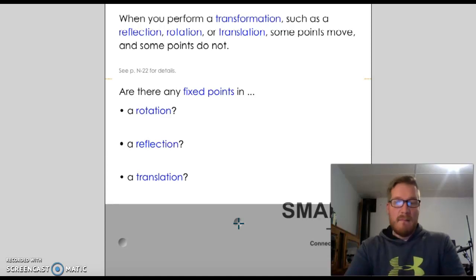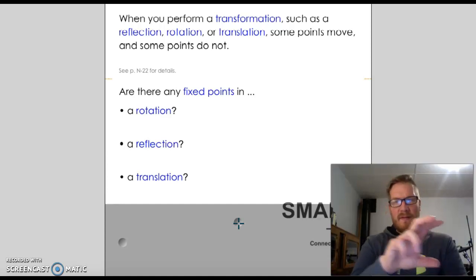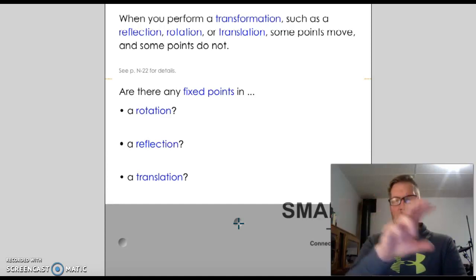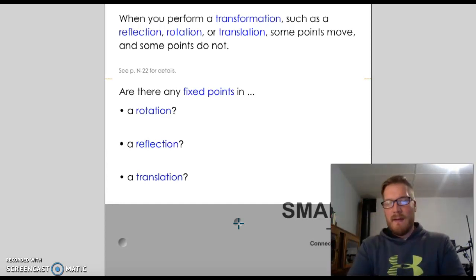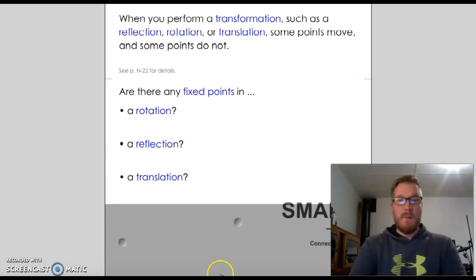Yes, there can be, again depending on where the mirror line is, and we learned about mirror lines and reflection lines in the other video. In a translation, I don't believe that there are any fixed points. The whole object is being slid around, up or down, left or right, so all the points in a translation move. So it's only in rotations and reflections where you can get fixed points.